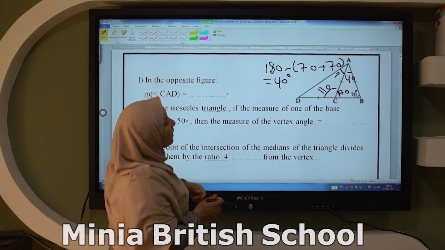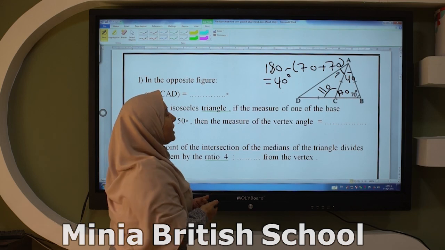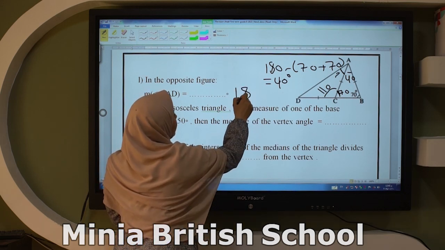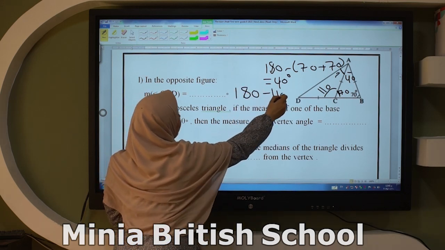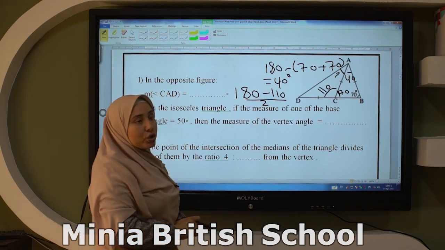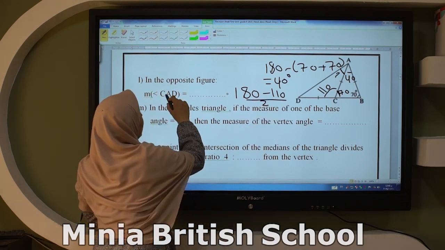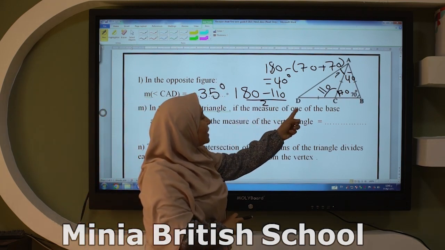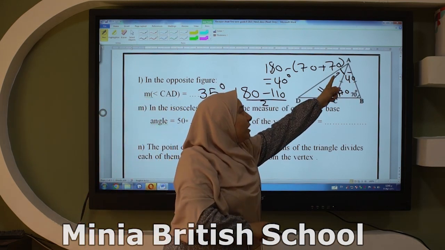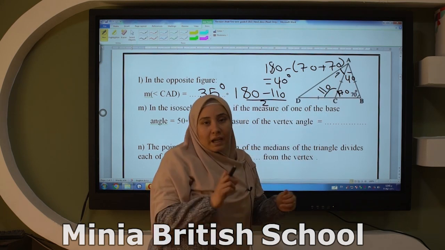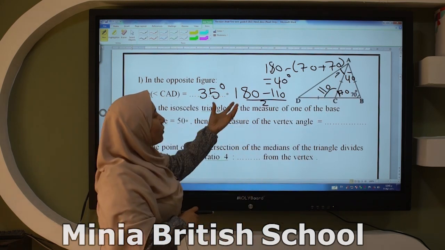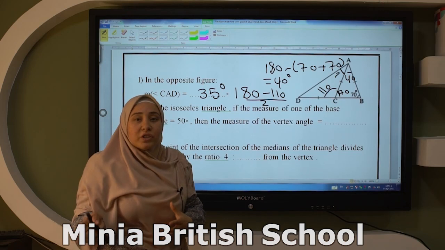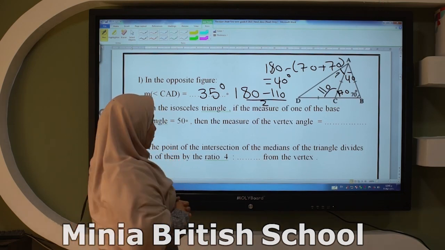Now you can find the measure of angle CAD, because 180 minus 110 divided by 2, then CAD equals 35 degrees. Because ACD is a vertex angle, I need to find the measure of the base angles.